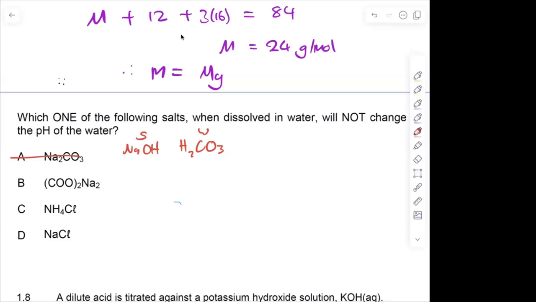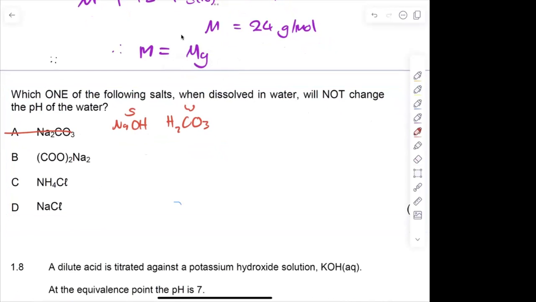All right, and then let's quickly look at the next one. So COO2 and Na2. The COO2 comes from acetic acid, right? Not acetic acid, sorry, oxalic acid, right? And then the Na2 comes from our sodium hydroxide.